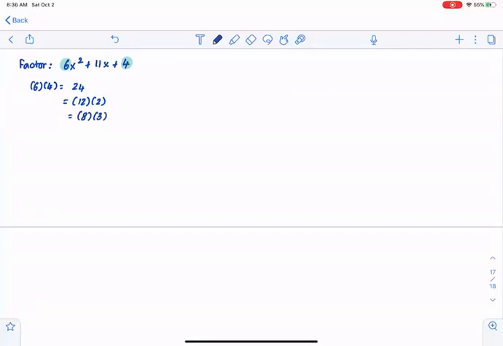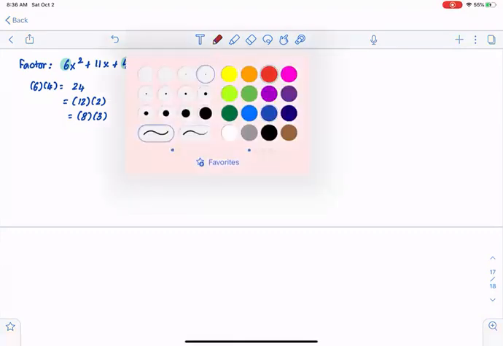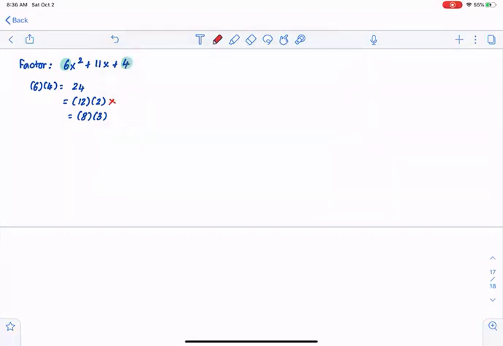All we need is 2 factors. 12 minus 2 is 10. That wouldn't work. 12 plus 2 is 14. That's not going to work. So that can't be it. 8 plus 3 is 11. 8 minus 3 is 5. Since 8 plus 3 is 11, that is going to work.